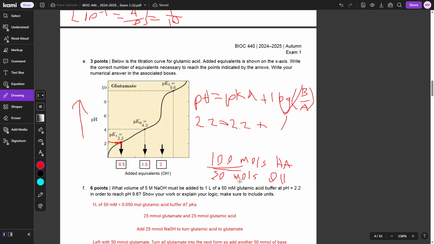That means 50% is turned into the conjugate base, the A minus form. So now I have a 50-50 mixture of the acid HA and the base A minus. If I substitute those in, that's 1, and log of 1 is 0, and you get pH equals pKa, which is what this point is showing you right here.